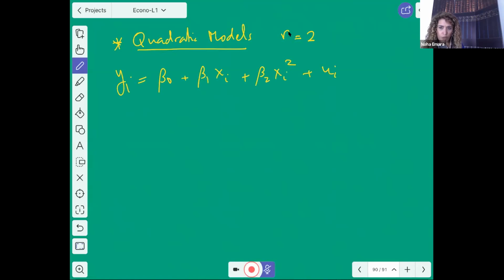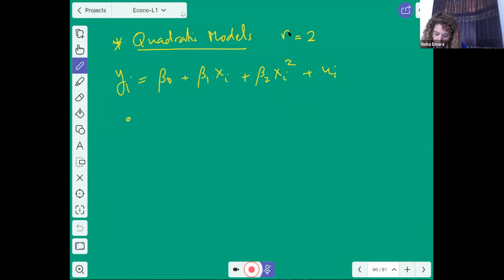Here I have only one variable xi. Let's say this is income squared, or this is age squared. Of course, I can add other factors to the model, but let's just focus on one variable, just one x. When I talk about just one x in the model, I want to focus on important things.